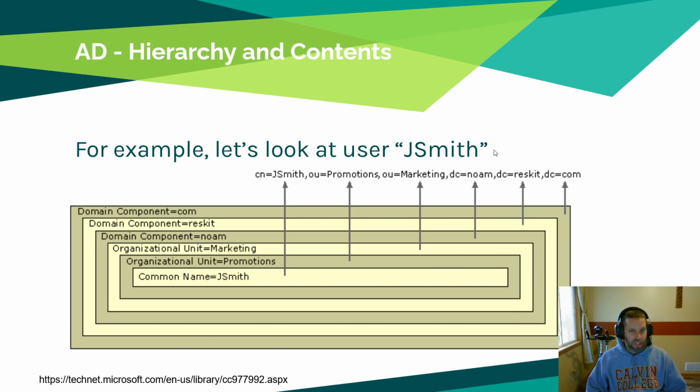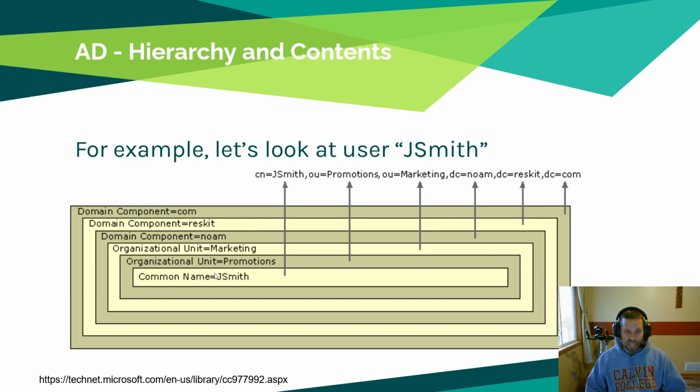So let's look at our user John Smith here, J. Smith. John Smith happens to work for the promotions department, which is a member of the marketing group in our noam.reskit.com domain. So I have two organizational units, folders that are doing logical grouping for me, the marketing one and the promotions one. How do I do this? Well, I work from the inside out and I label each component.